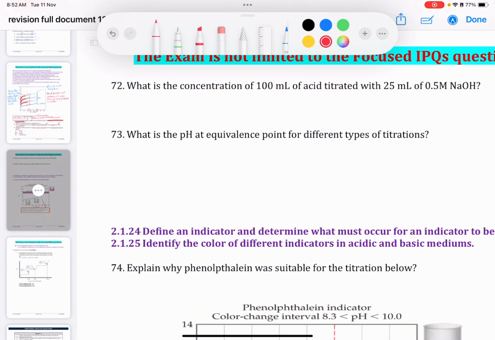What is the concentration of 100 milliliters of acid titrated with 25 milliliters of 0.5 M NaOH? So they want us to find the concentration of the acid.